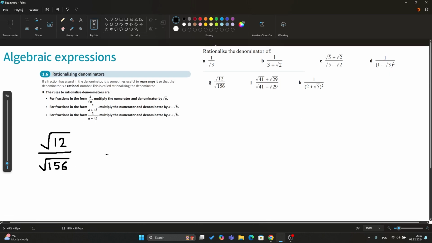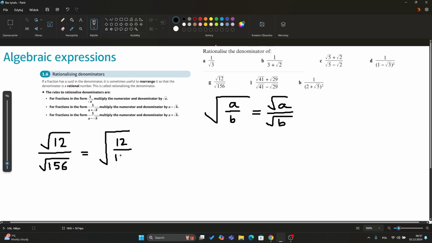Now we have square root of 12 over square root of 156. Now this is very simple. We don't have to get rid of the square root at the bottom. We can use the rule where the square root of a over b is the same as square root of a over square root of b. So this is the same as saying 12 over 156 square rooted, and that means that we can simplify it as a fraction.